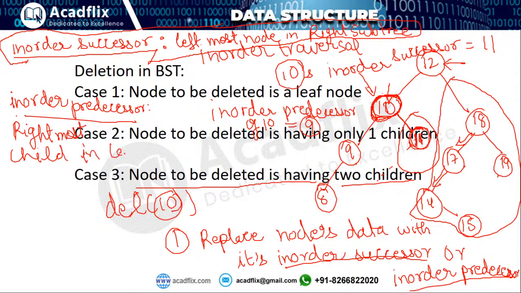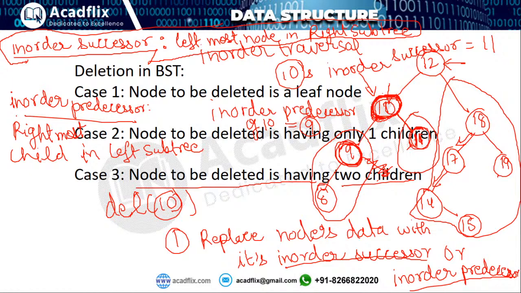So if I have to find the in order predecessor of 10, what is the left subtree? This particular thing is the left subtree. Now I have to go to the rightmost child, but there is no further right child, so this particular node becomes the in order predecessor of 10.